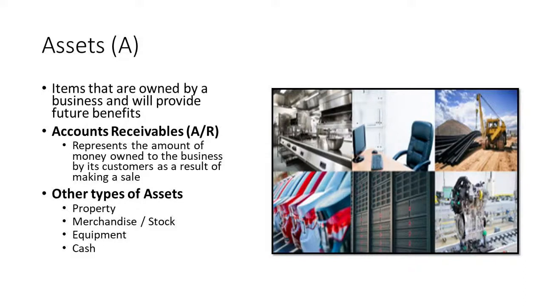Part of that is what's called accounts receivable. Accounts receivable, or we might abbreviate that as AR, represents the amount of money owed to the business. So the people out there owe me, my business. That's accounts receivable, owed by its customers as a result of making a sale.